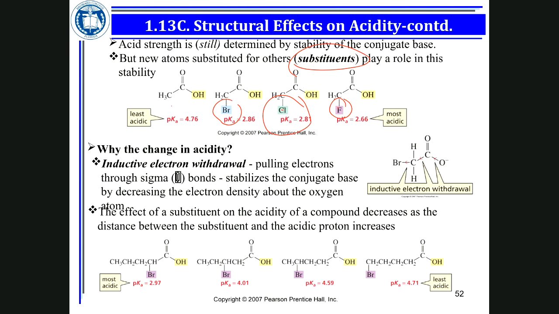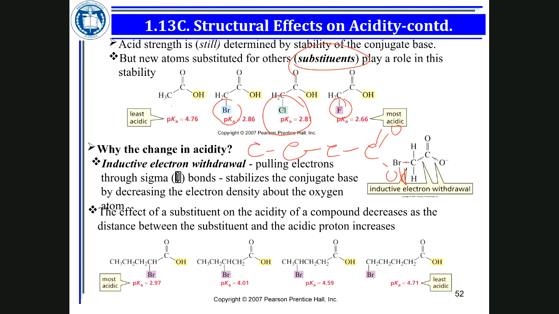The other factor, a secondary factor here, is the distance also. So if instead of 2 carbons, you had 3 carbons, so if you had C-C-C-C-OH, your fluorine is on the 2nd carbon here.